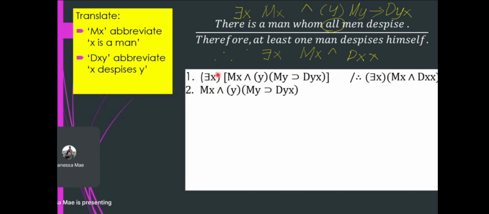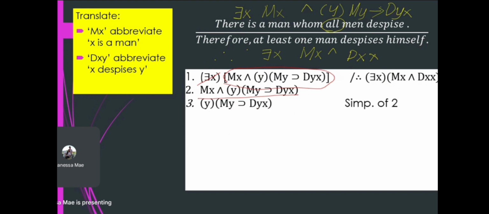So we drop, we remove it. Let's say we removed it, so this is what remains. Okay, the reason for that is EI, right?